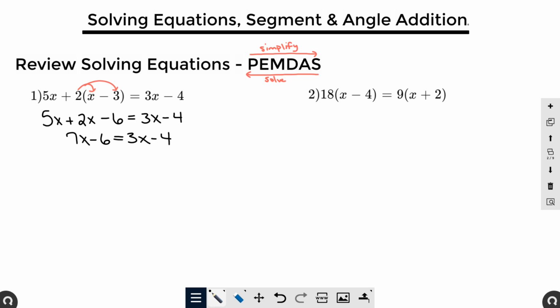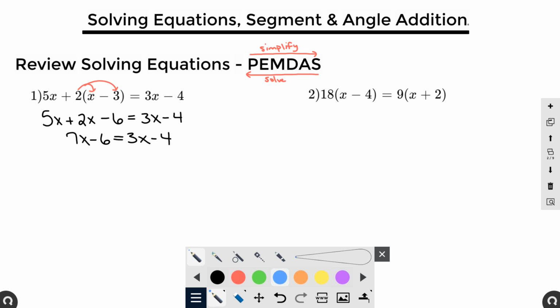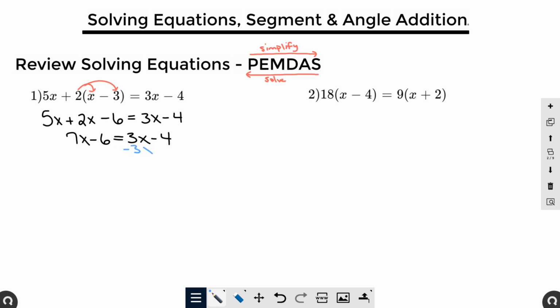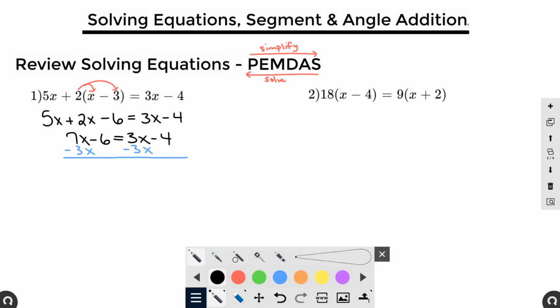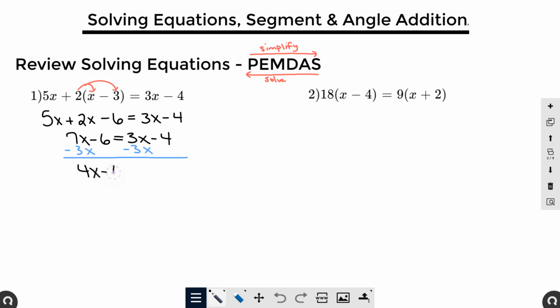So now we do our order of operations backwards in order to solve. To go backwards, we still combine like terms, but now our like terms are on opposite sides. Always get your variables together first. So this 3 right here, we need to subtract it because we want to get it on the same side as the other x. So what's 7x minus 3x? 4x. And then just bring down everything else.